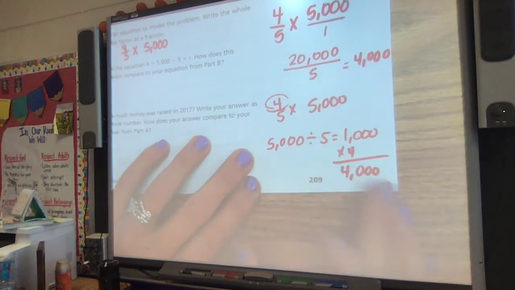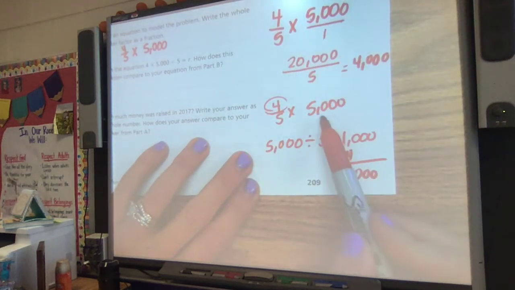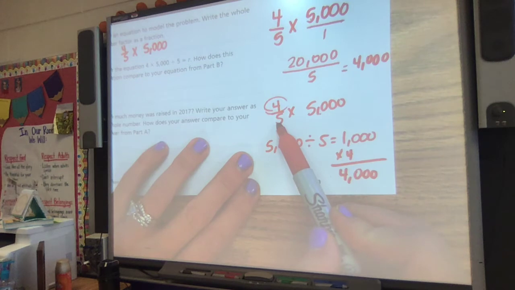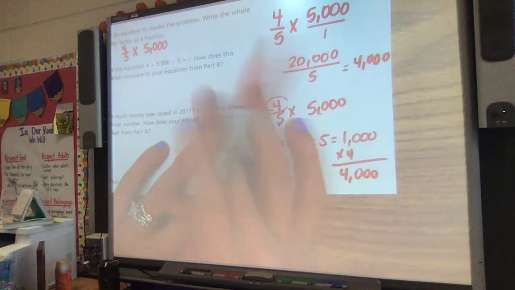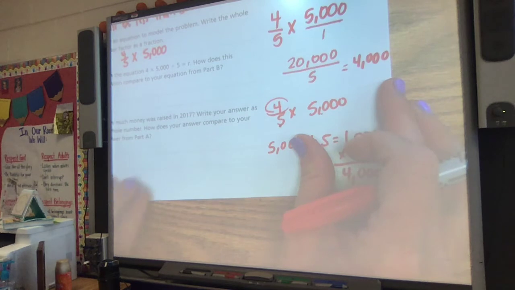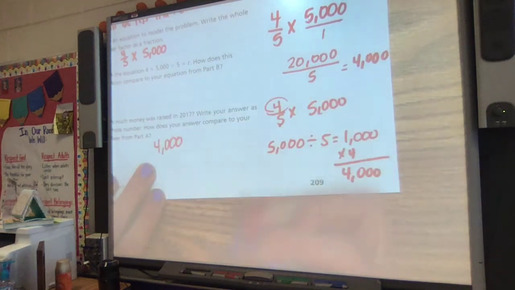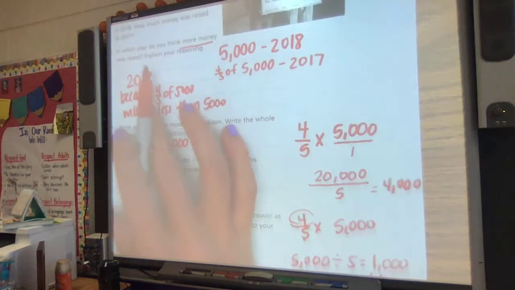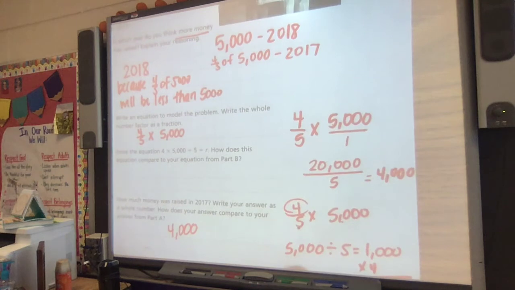That's the way that I prefer to do it, because I like to look at that fraction as what it is. Nothing wrong with doing it this way. Either way that makes sense to you, I want you to do that. So we know that $4,000 was raised in 2017. Just like we predicted, it's going to be less because we found a fraction of that amount.